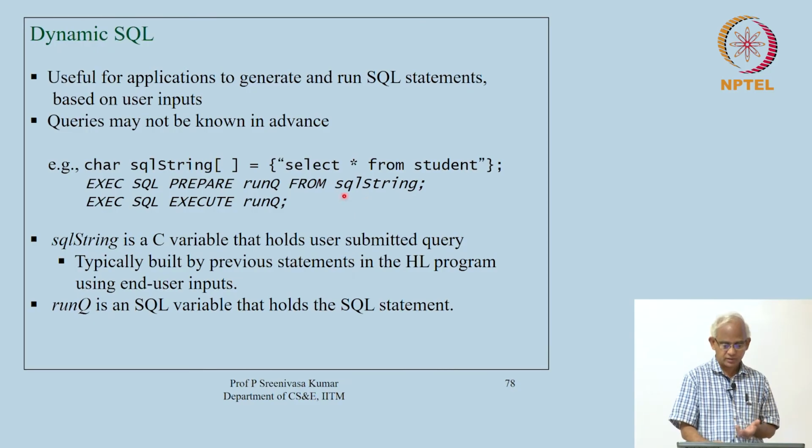It is a character string, and this prepare from will basically prepare some query called run queue from this string. And then if you give execute, that particular query will actually be executed, and you will start getting the results, and then you can use cursors and things like that.